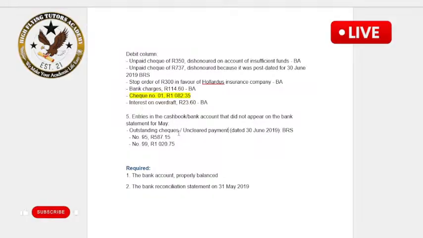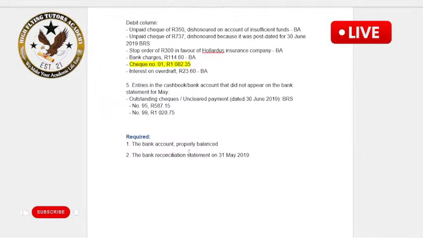So let's see what is happening there, right? So let's go to the answer sheet. We are going to record these transactions in the bank account and also in the bank reconciliation statement.